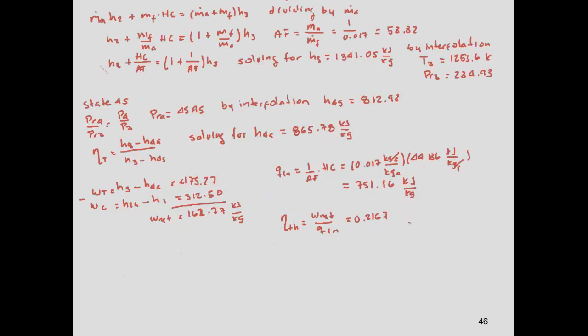So the compressor work is 312.5 kilojoules per kilogram, the work of the turbine was 475.27 kilojoules per kilogram, and the efficiency is 21.67%.